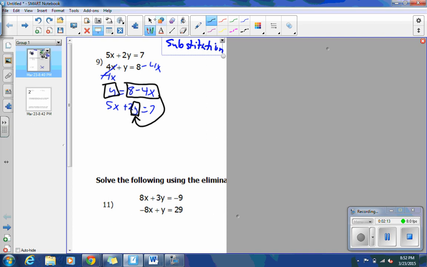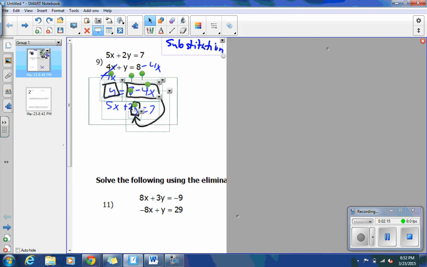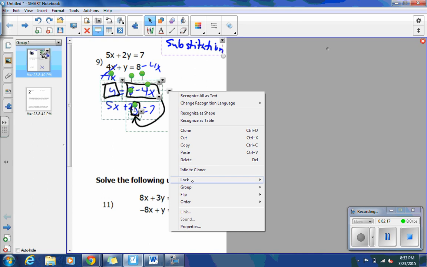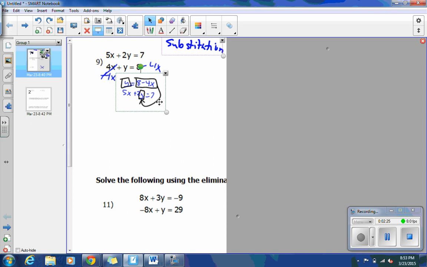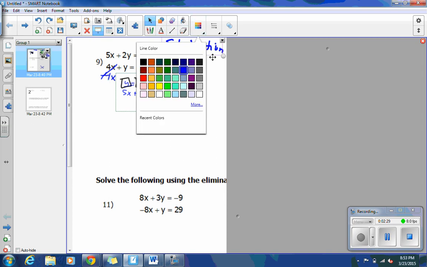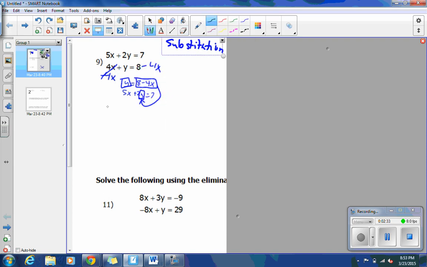I'll make this a little smaller so we can have more space to work. But what it's going to look like when you do that is, I'll use blue there.